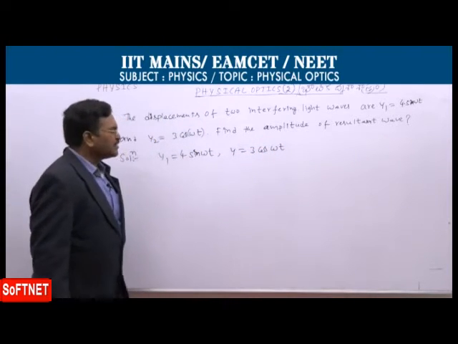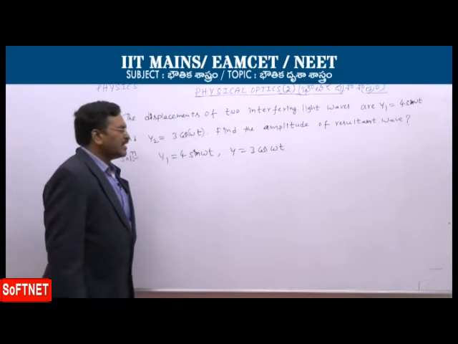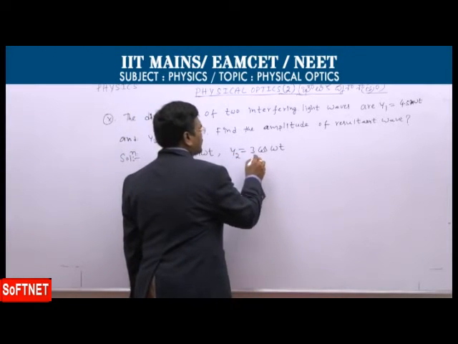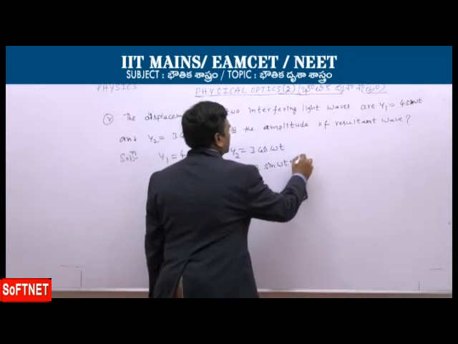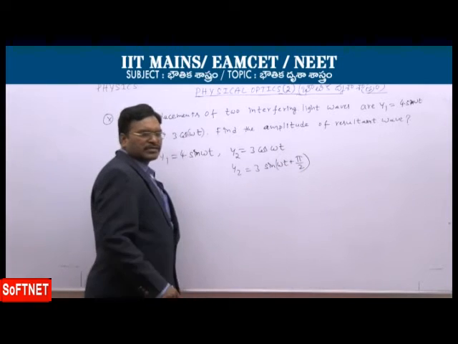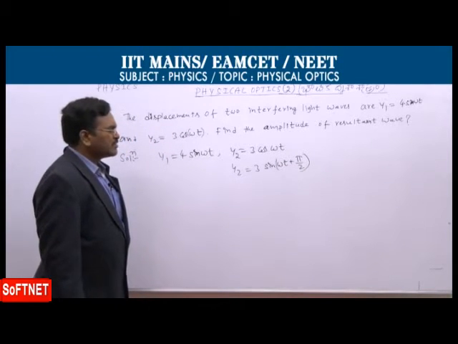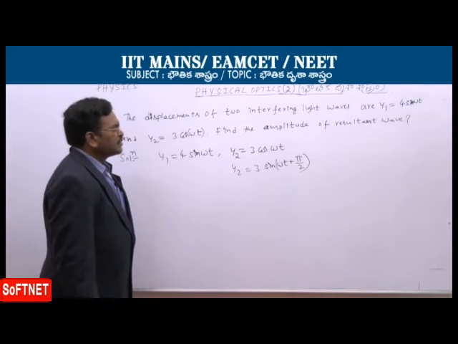Now cos theta we can write as sin of 90 plus theta. Sin 90 plus theta is cos theta. So y2 is equal to 3 sin omega t plus pi by 2. Sin 90 plus theta is cos theta, so that's why.